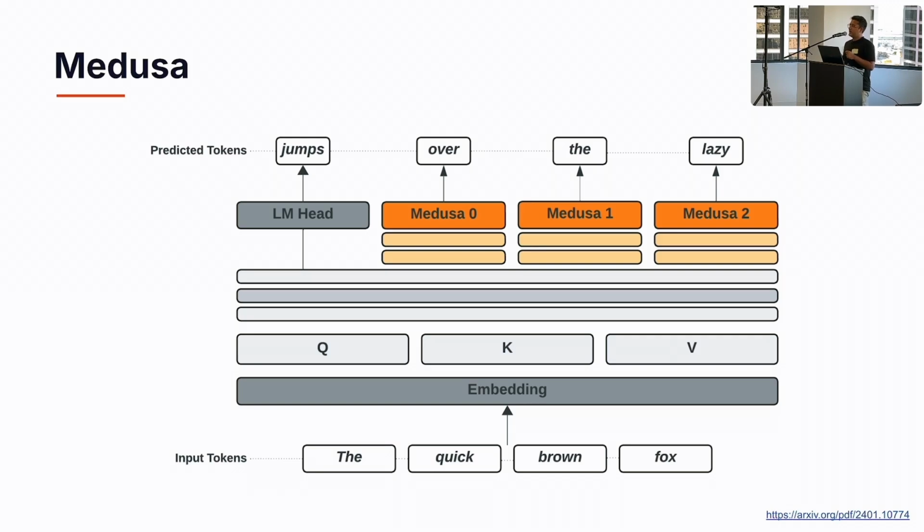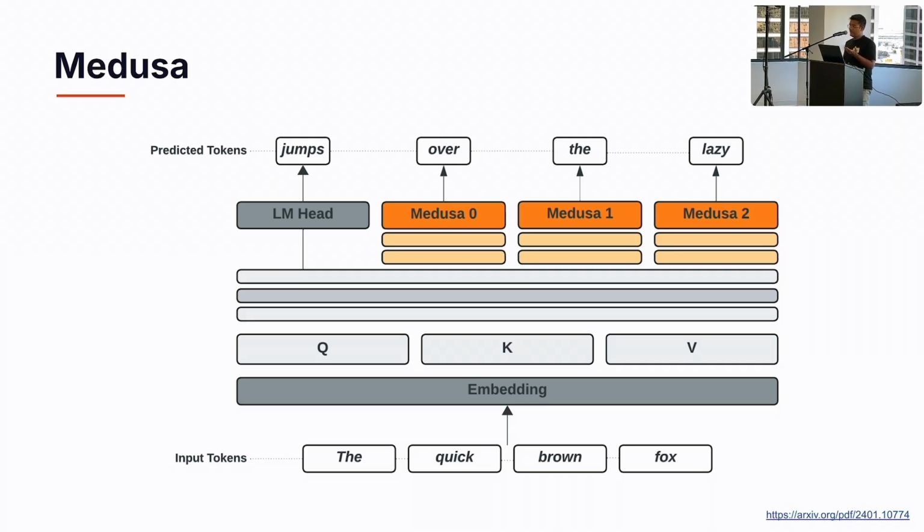The difference is that, in addition, towards the end, the last hidden state is not only passed through the original language model head, but it's also passed through a set of linear layers, and then a copy of the LLM head that is fine-tuned. So you see Medusa 0, Medusa 1, and Medusa 2. Medusa 0 is predicting the n+1th token, and Medusa 1 is predicting the n+2th token, using the last hidden state from the original transformer model.